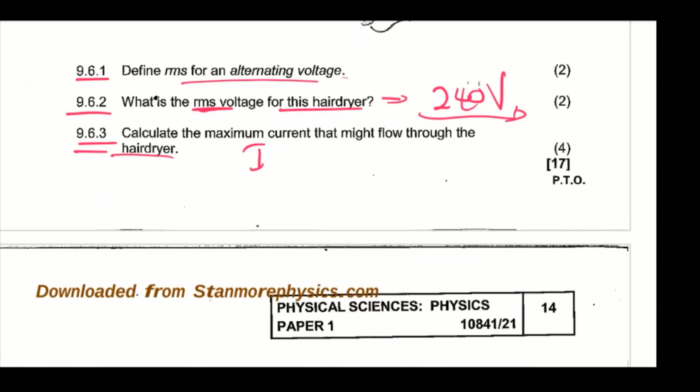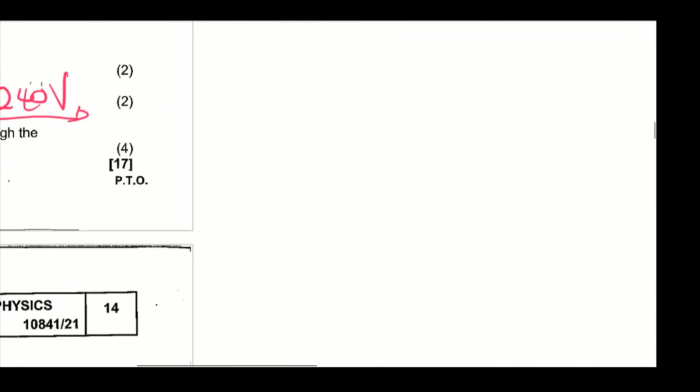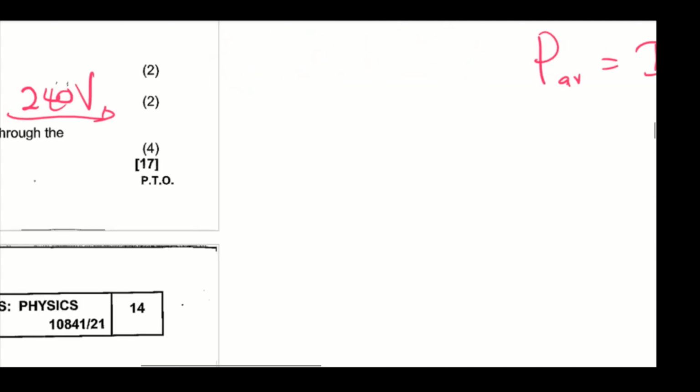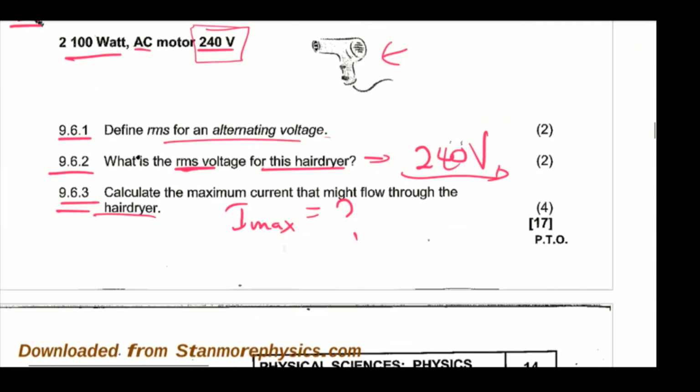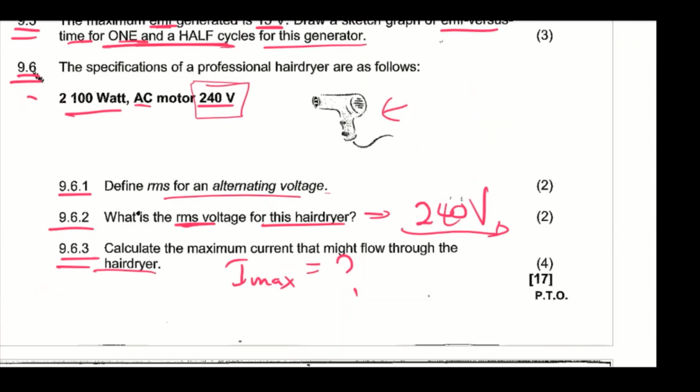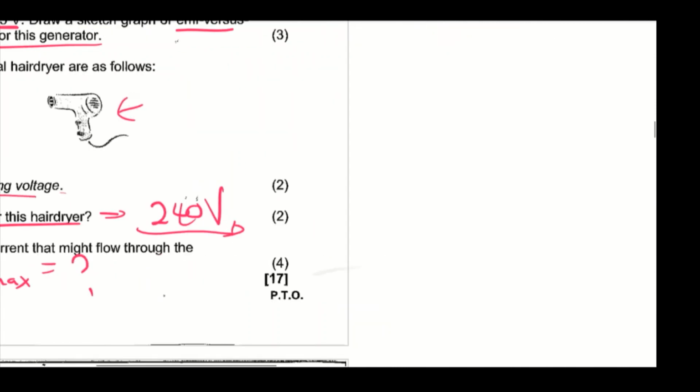So we want Imax, the maximum current, right? For us to find maximum current, we can use the equation for power. So the average power equals IV. We are given the power to be 2100 watts, and the AC voltage is 240.